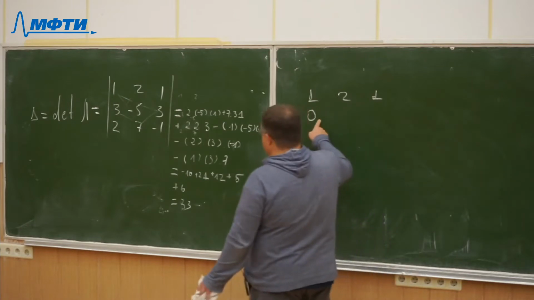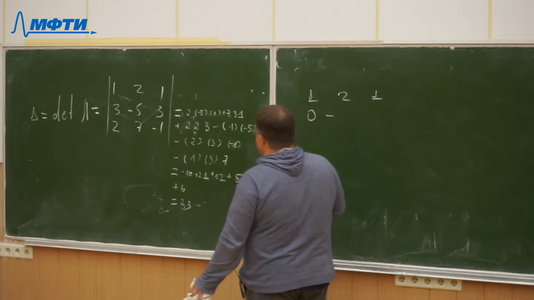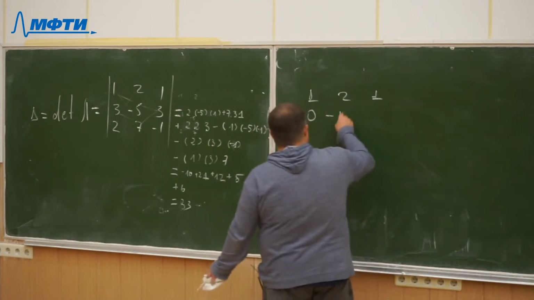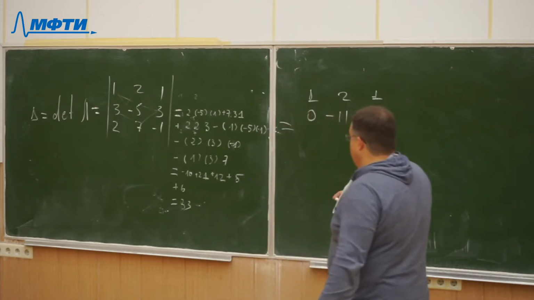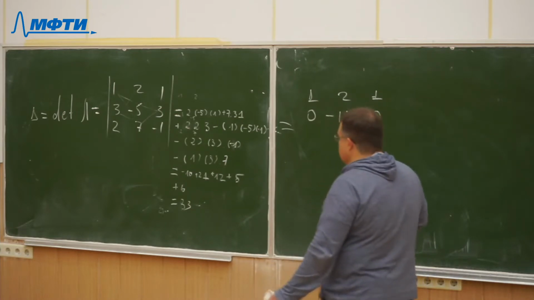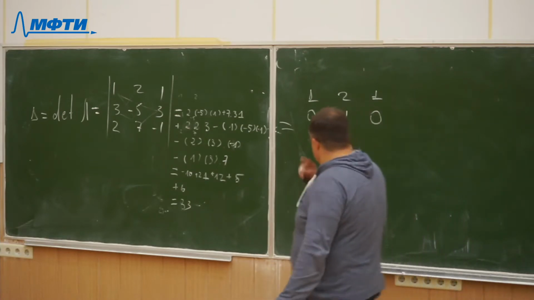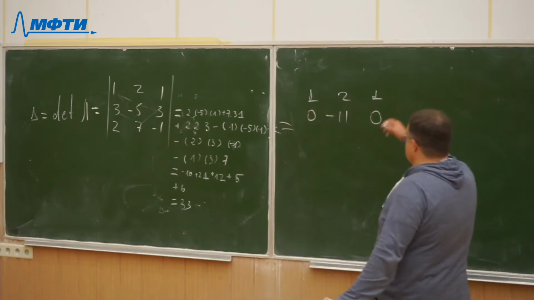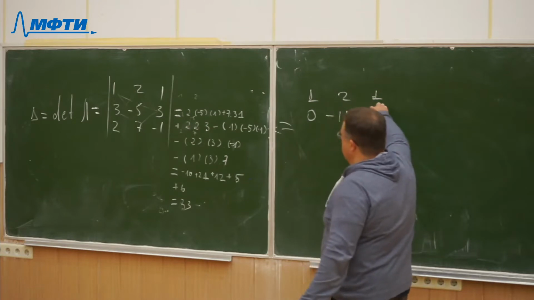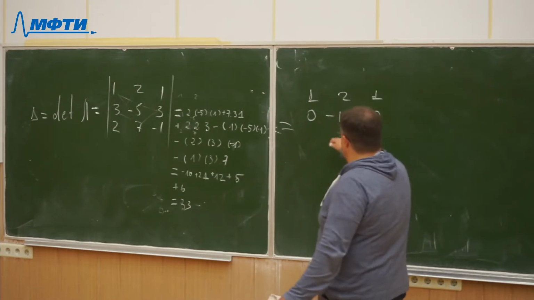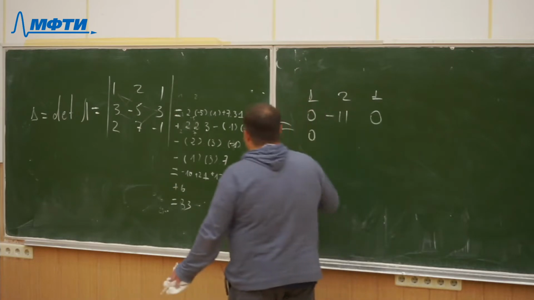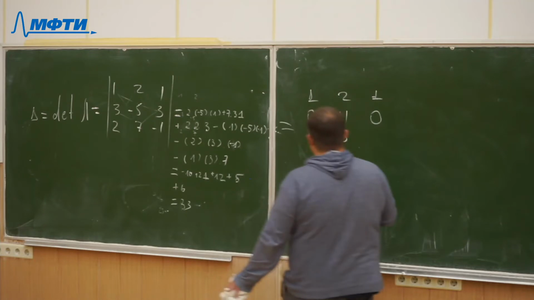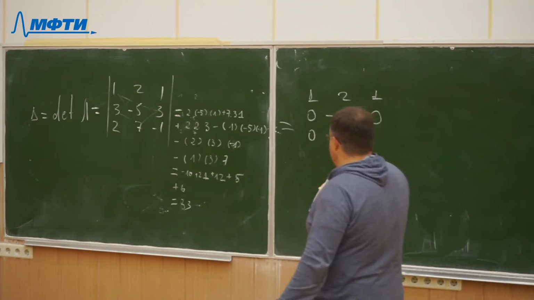Second row: 0, minus 5, minus 6, minus 11, 0. Let's multiply the elements of the first row by 2 and subtract from the third row: 0, 3, minus 3.